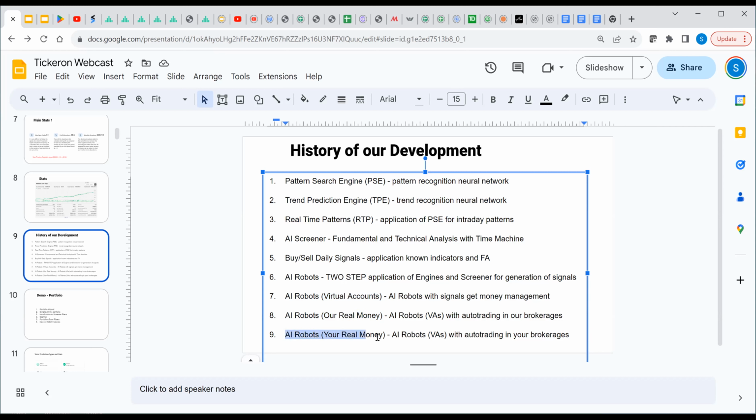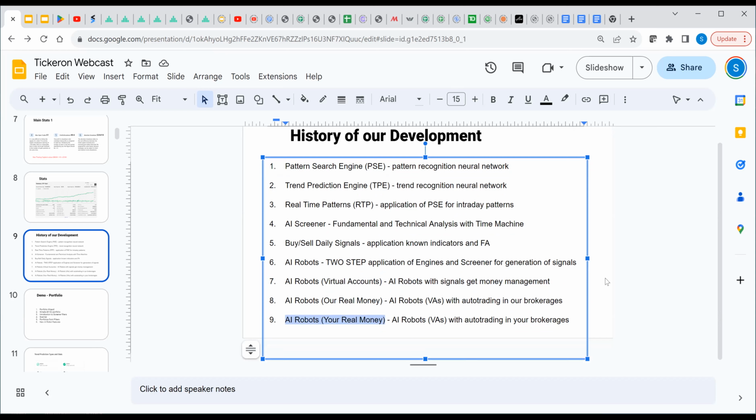And moving towards ability for our users, we have thousands of users, to connect these virtual accounts or real money accounts to their brokerage accounts. So we cannot connect this one because it doesn't have money management techniques. It doesn't trade a specific amount, okay? So this is our history, and that's where I'm going to end my presentation.